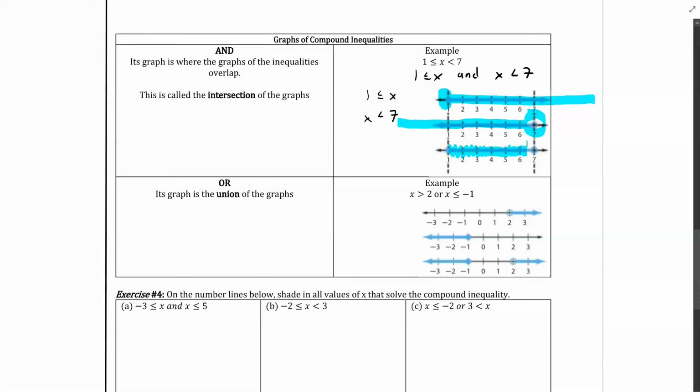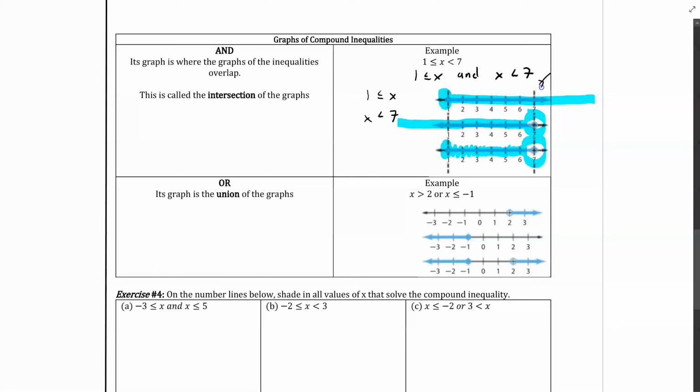Now what we have to be careful of though is at the value of 1, notice that the first graph is filled in and the second graph is filled in. So in the overlap, we will be filled in there. What's tricky is look at x equals to 7.